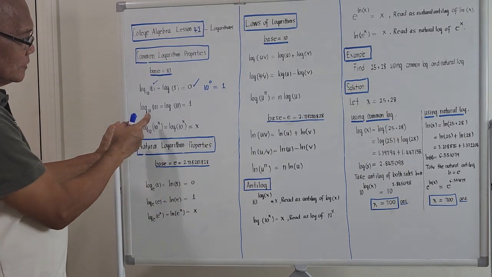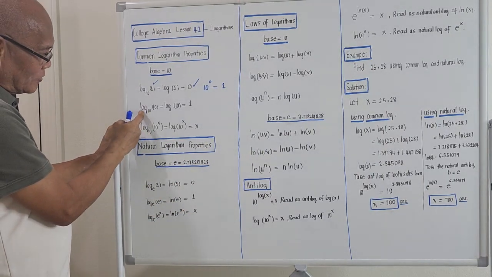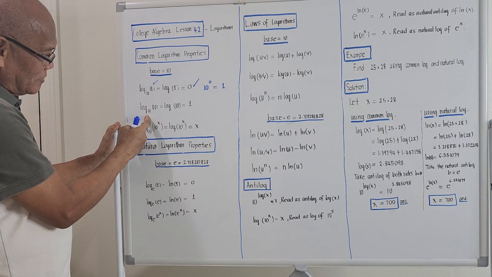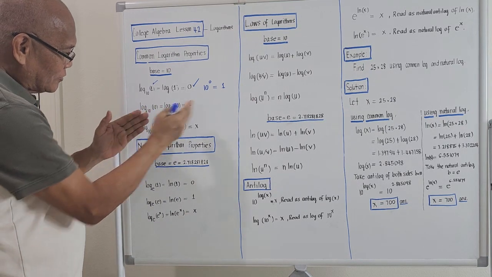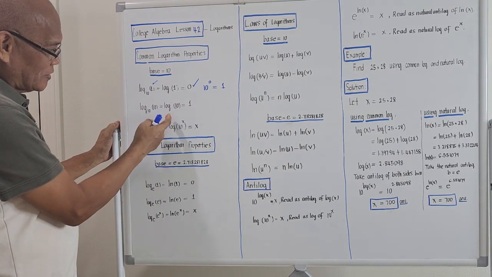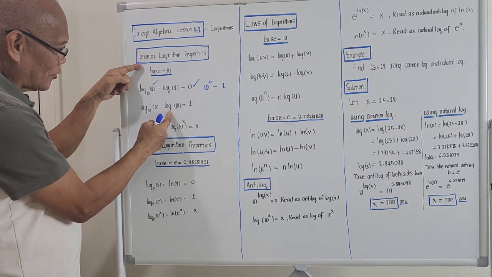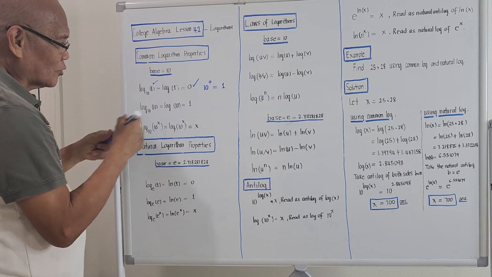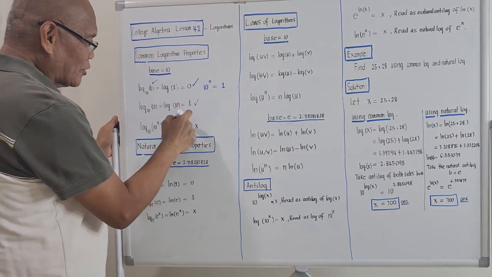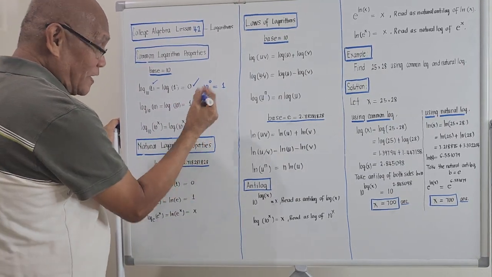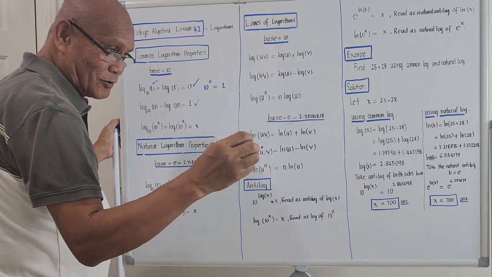Number 2, the logarithm of 10 with the base of 10. The other way to write this one without the base 10 is the logarithm of 10 without any base. It is understood to be common logarithm, and this should be equal to 1. How is that so? Again, just bring back the definition of a logarithm.